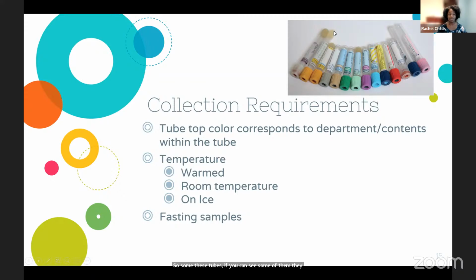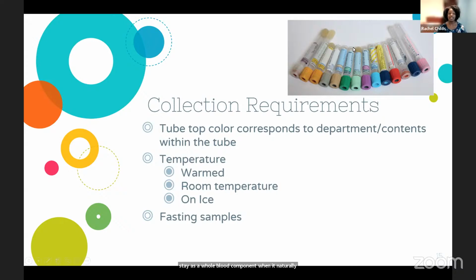Sometimes these tubes have what's known as a gel barrier. This yellow substance at the bottom of some of these tubes is what can separate out plasma versus serum. Sometimes we want the blood to clot, and then when it separates, we get serum. However, when we don't want the blood to clot, we want it to stay as a whole blood component when it naturally separates plasma.